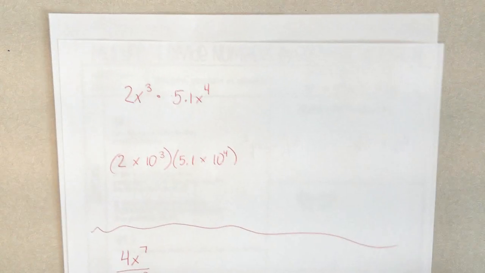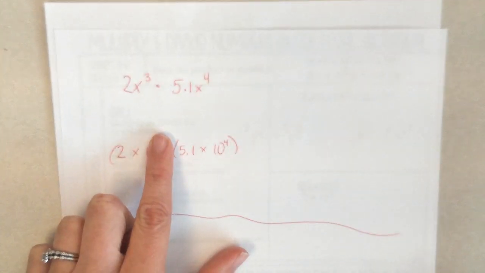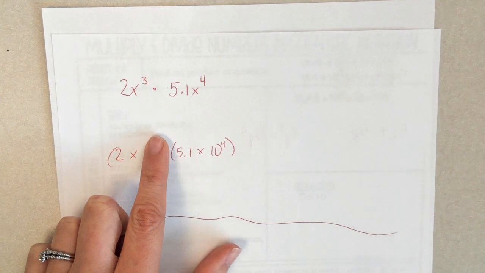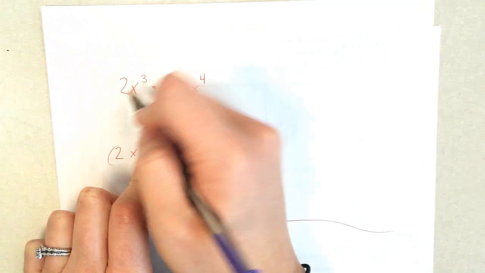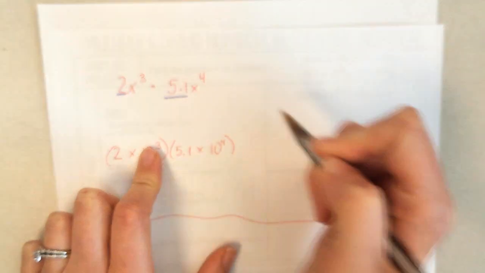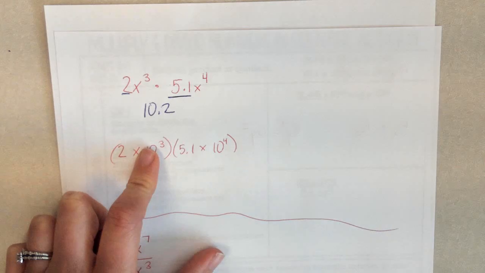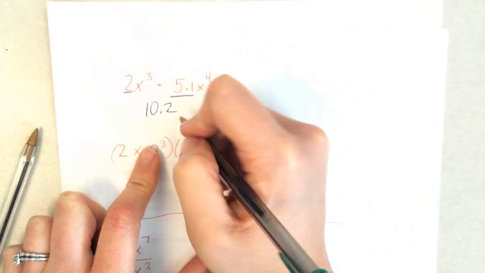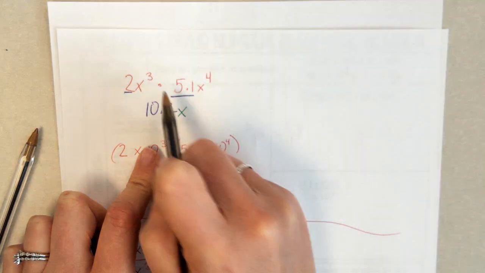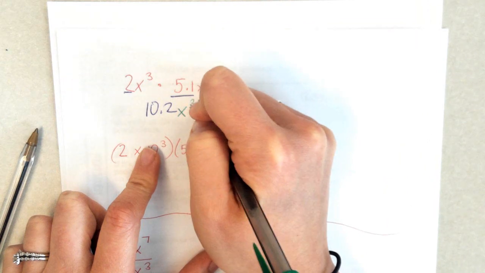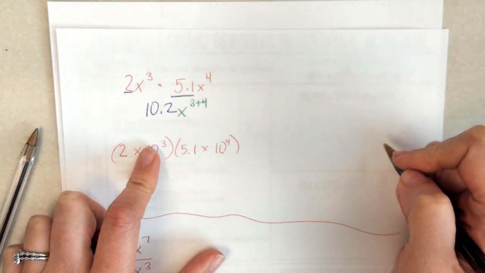So, for our first day, this is what we would have done in the past. And remember, on these problems, what we would have done is we would have taken 2 times 5.1 to give us 10.2. And then we would have kept our base, and because it's multiplying, we would have added our exponents.